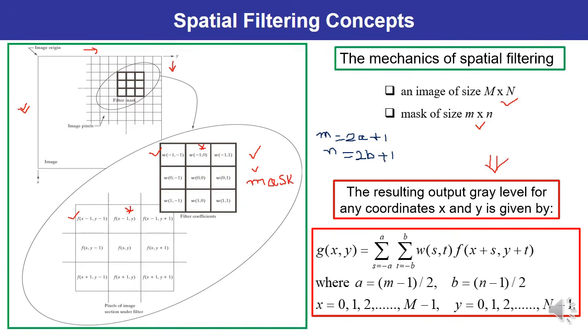Both a and b are non-negative integers, and the focus is that we have to select masks of odd sizes, like 3 cross 3 or 5 cross 5. It must not be an even-sized mask like 2 cross 2 or 4 cross 4. So a is (m minus 1) upon 2, while b is (n minus 1) upon 2. x varies from 0 to m minus 1, a total of m values, and y varies from 0 to n minus 1, capital N. That is why the size of the image is taken as M cross N.